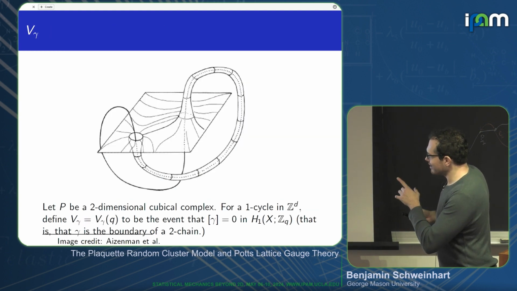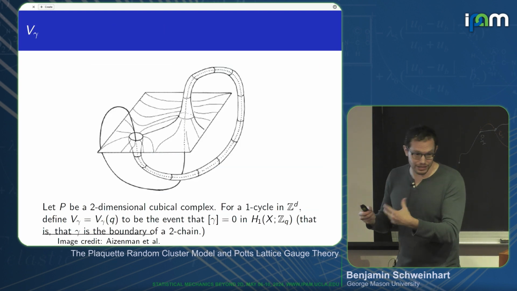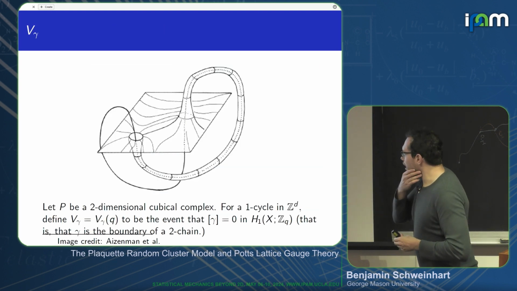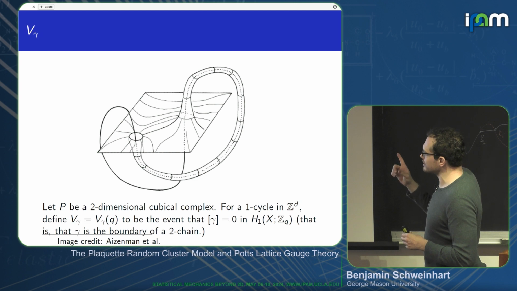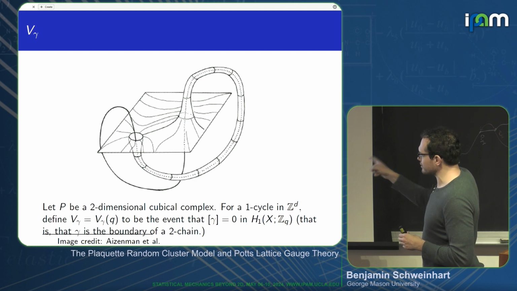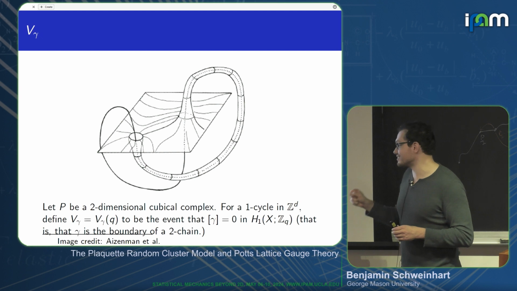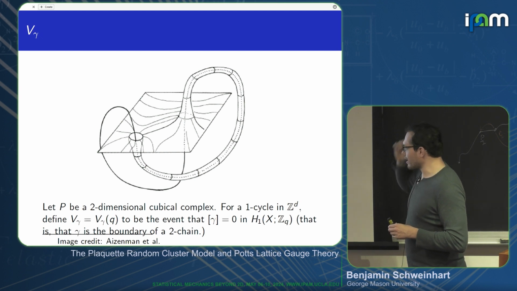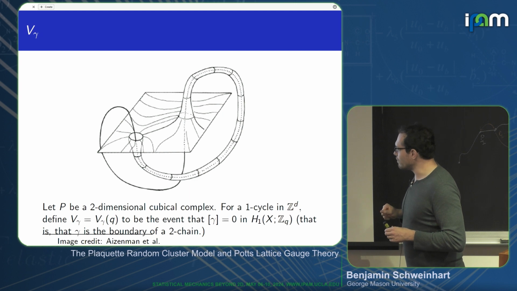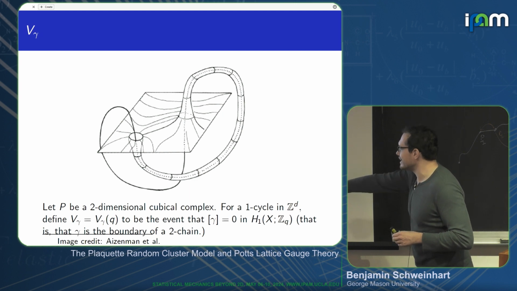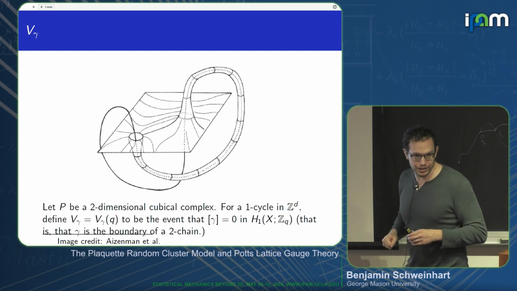And to make this useful, we want to relate it to a Wilson loop variable. So here, the third topological anomaly, as I'll say more on the next slide, is that the definition you want for being the boundary of a surface of plaquettes depends on Q. So here I'm going to define V_gamma of Q to be the event that we are a boundary in the homology with coefficients in Z_Q.